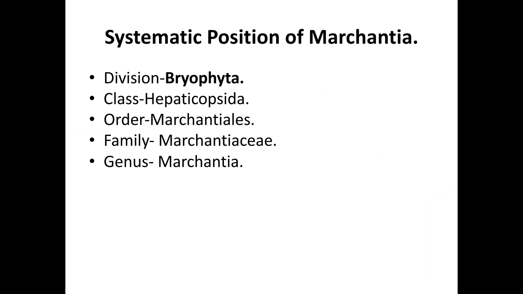Antheridia and archegonia are produced in a group on a stalk-like structure known as receptacle. Sporophyte is differentiated into foot, seta and capsule. And elaters are always formed in case of family Marchantiaceae.